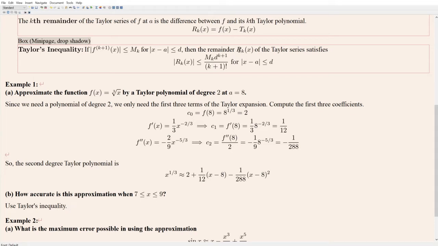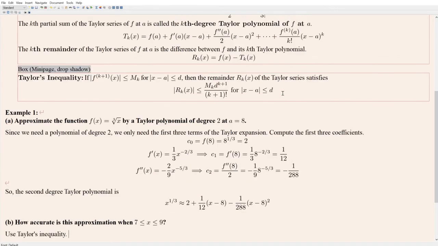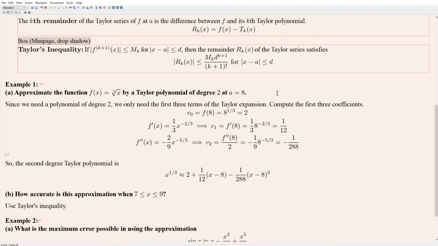We are looking to compute r sub 2, that is the remainder, the difference between the actual function and the second degree Taylor polynomial, which is what we're doing here. So we're looking at r sub 2.